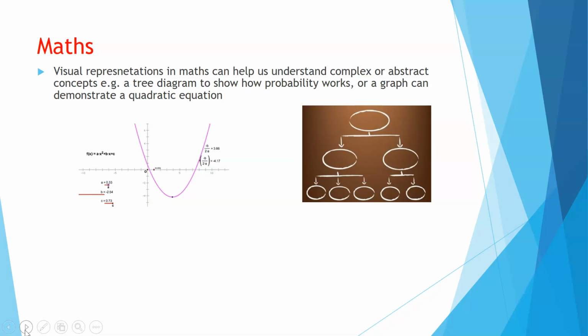So here's a couple of examples. There's a tree diagram there to show how probability works, and I've also found a graph there which demonstrates a quadratic equation. Our next area of knowledge will be maths, so we'll be looking at that in a little bit more detail.